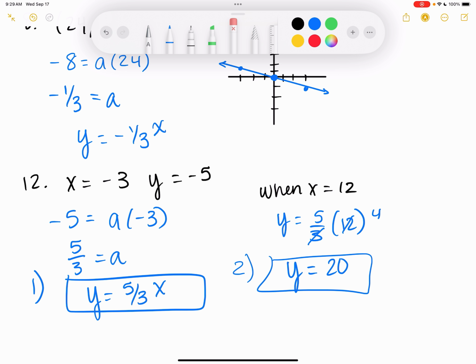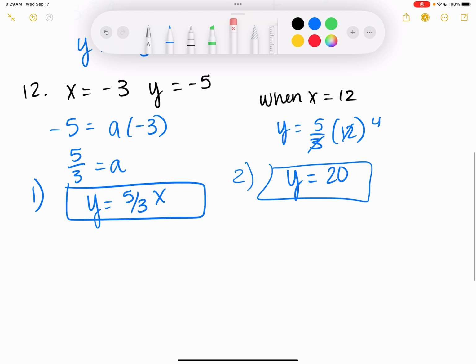16. X equals 2/3, y equals -10. So I've got -10 equals a times 2/3.